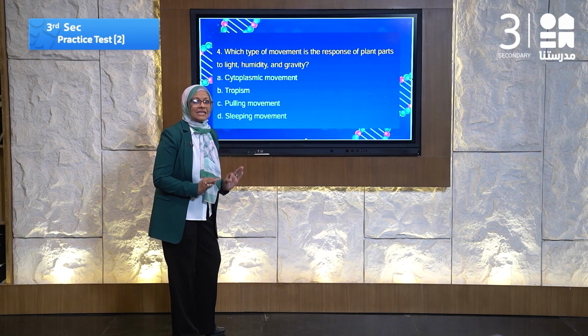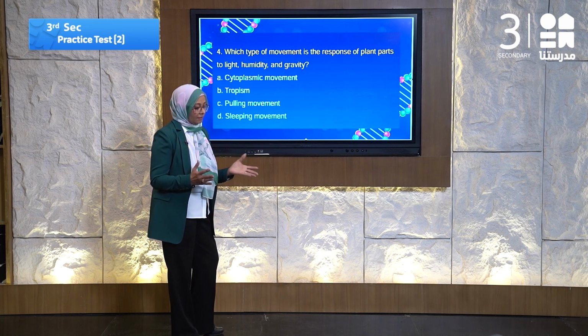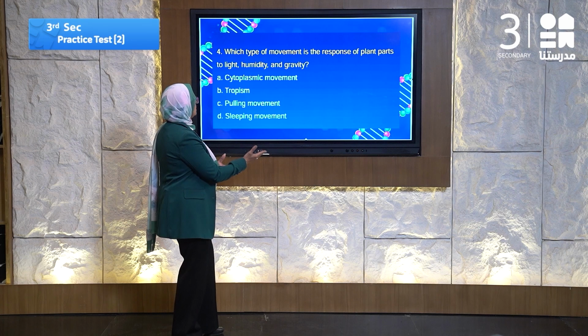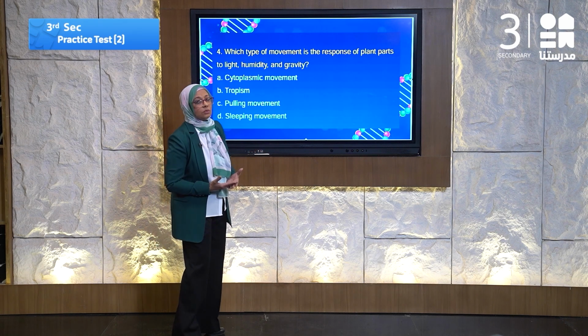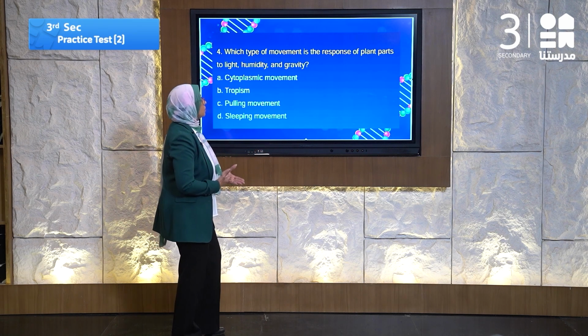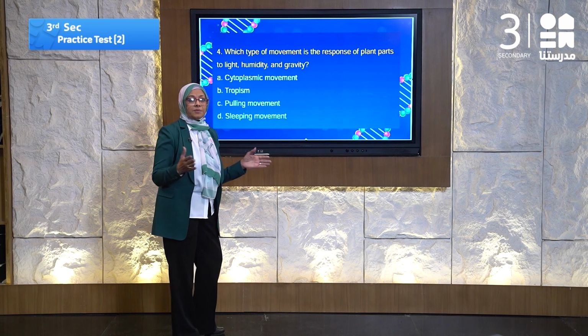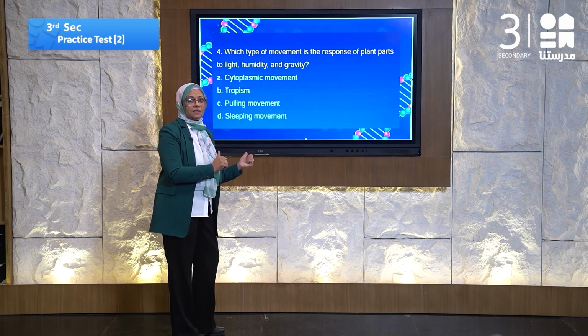So the answer must be B, tropism. Tropism is the sense of the plant to make its function: to go toward the light, toward the humidity, toward the gravity. There are many types of toward: to go toward it or go away from it.